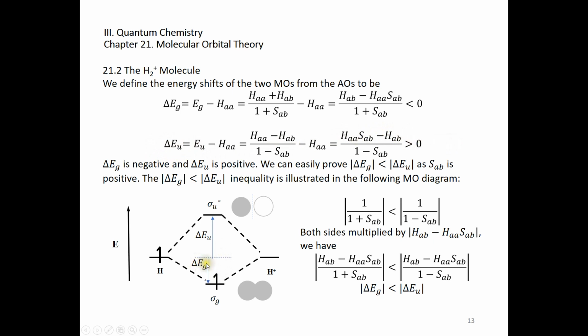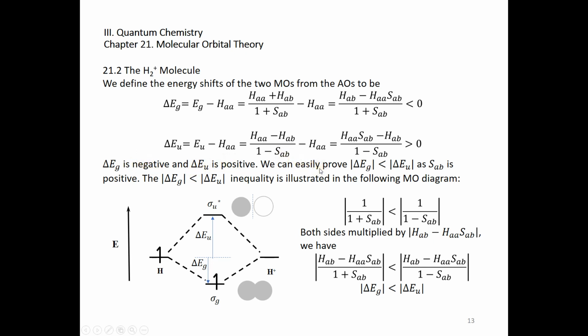So again, delta E sub G is less than 0, so the bonding MO has lower energy than the atomic orbital. And over here, this delta E sub U is positive, so the energy of the antibonding orbital is higher than the atomic orbital. So we have this statement: delta E sub G is negative, delta E sub U is positive.